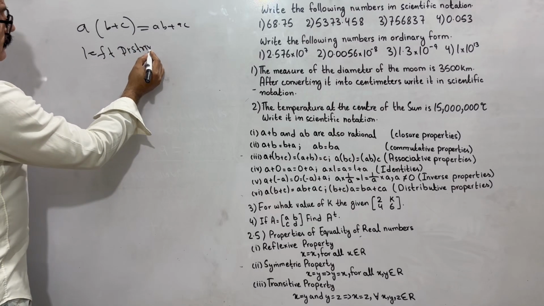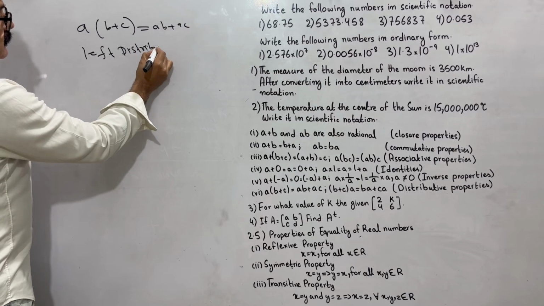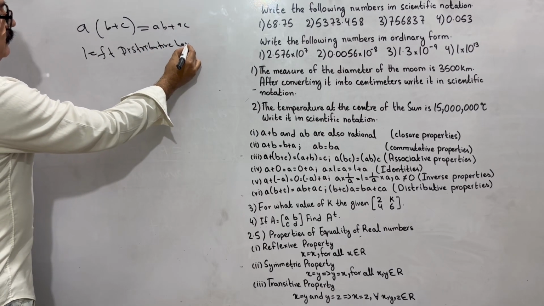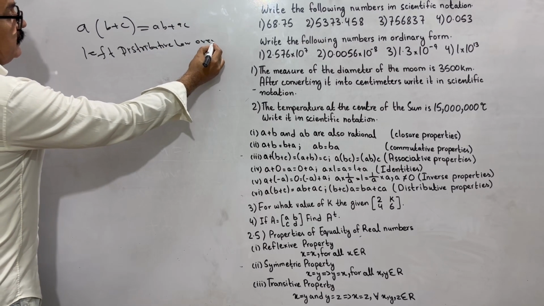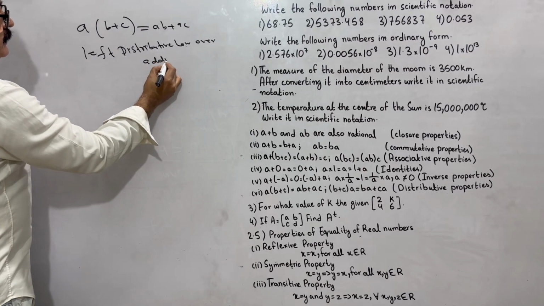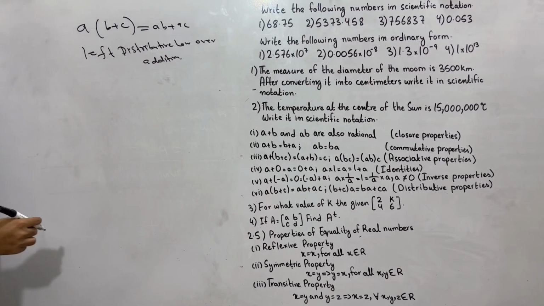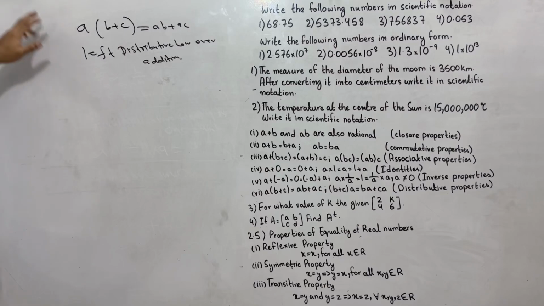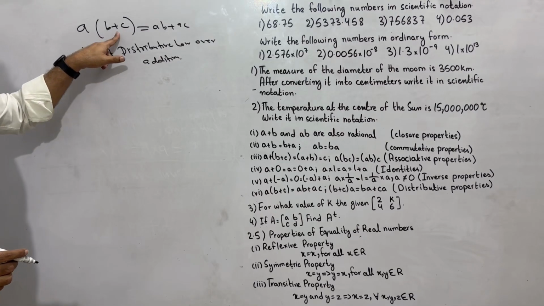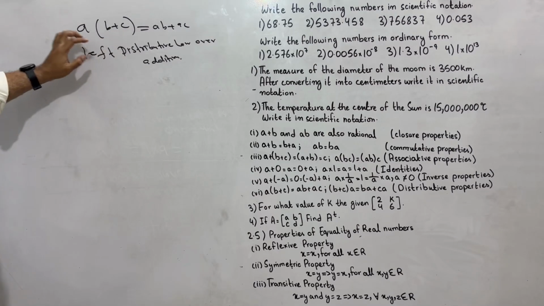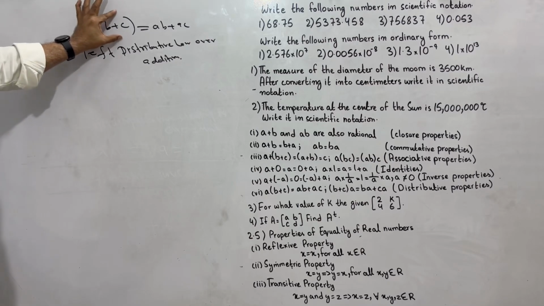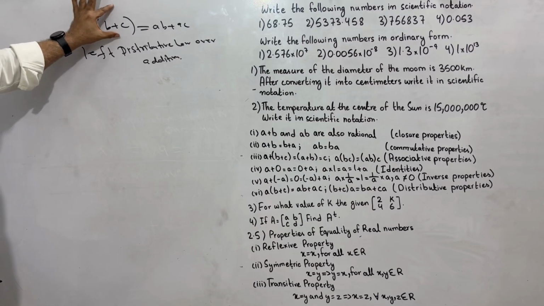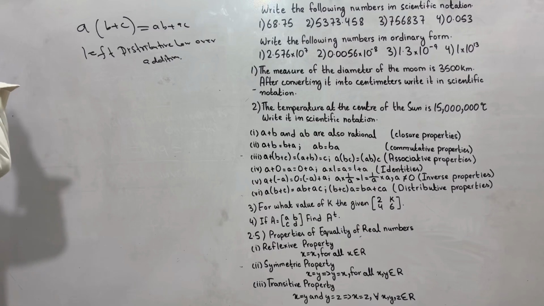Left distributive law over addition: we have multiplied from the left hand side, and the middle symbol is addition. Or simply you can say the distributive property of multiplication.